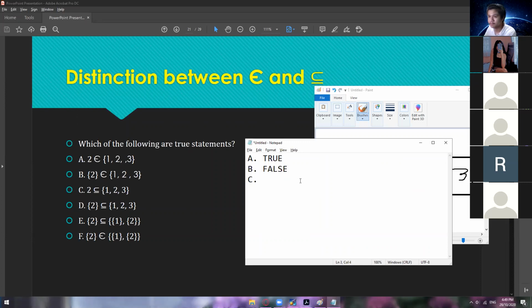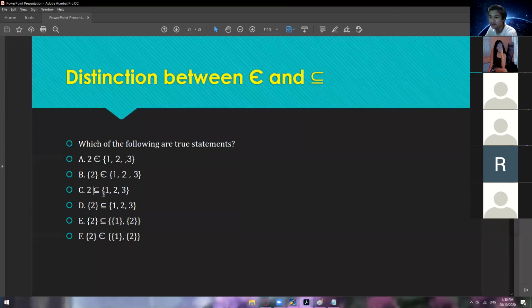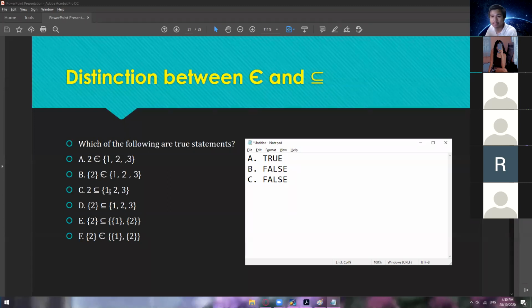How about the letter C? Is 2 a subset of 1, 2, 3? False. Okay, so take note: when we have this symbol, when you compare, both should be sets, because from the word itself, subset and then set.